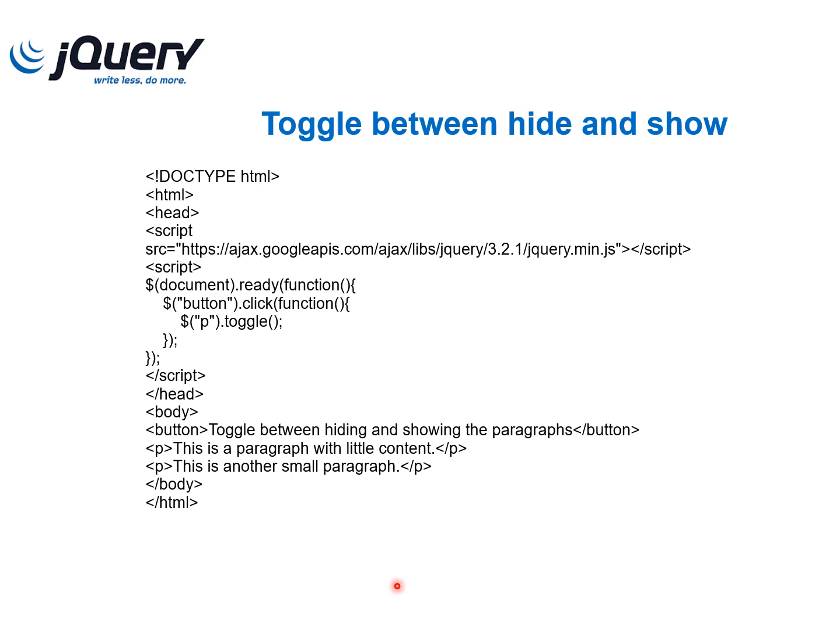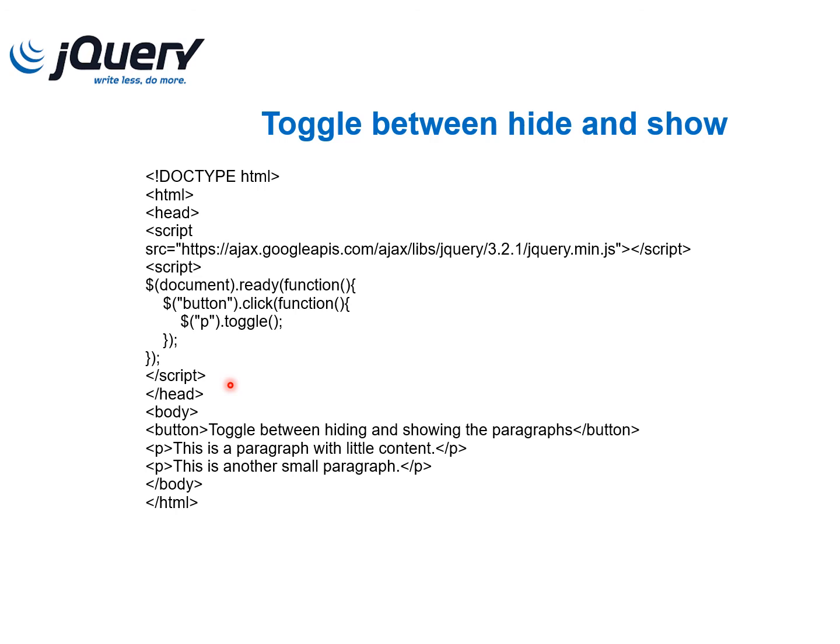Whenever a user clicks on the button, the script code will be invoked: $("p").toggle. $("p").toggle means if the paragraphs appear on the web page, they will be hidden. On the next click on the button, toggle will make them appear. That means toggle works in between the hide and show methods.